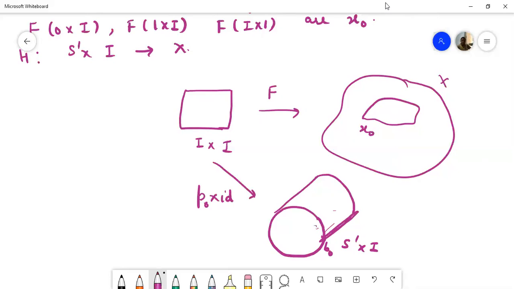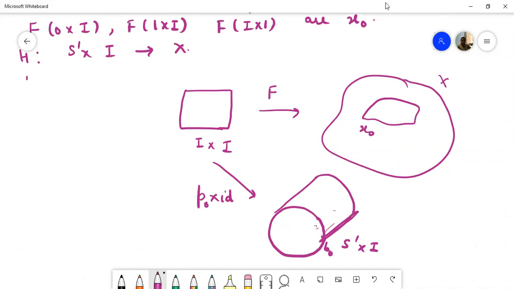So we will define the mapping H by F of p0 cross identity inverse at any of the points of S1 cross I which are not in the subset b0 cross I, and we take H of b0 cross I to x0, and that H mapping will be a homotopy from small h to the constant path.